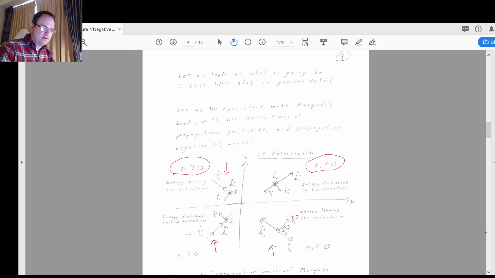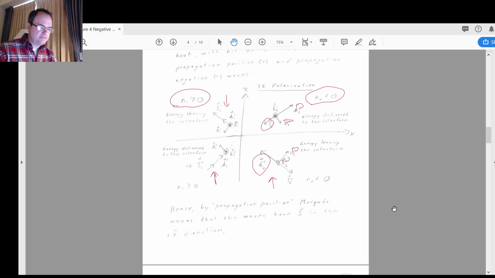So the wave fronts are propagating towards the interface, while energy is propagating away from the interface. That's our output beam, and our input beam on this side is negative, because energy is going in the minus x direction, but S and k are in opposite directions, as they should be, because it's a metamaterial.